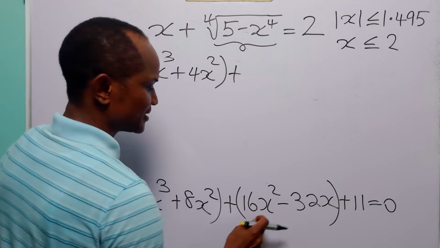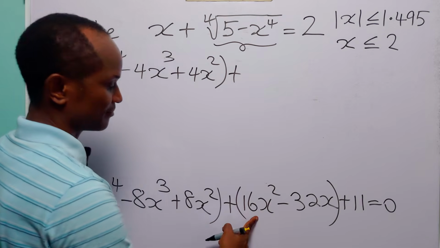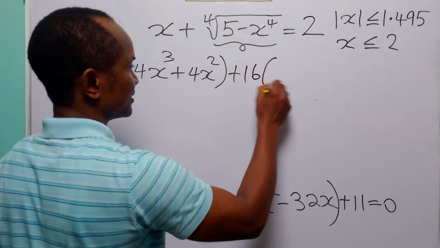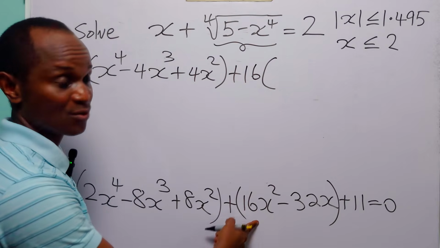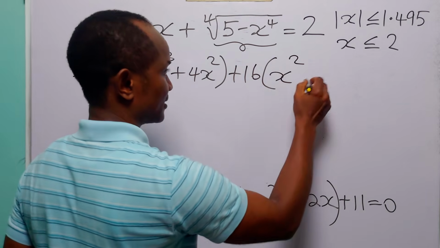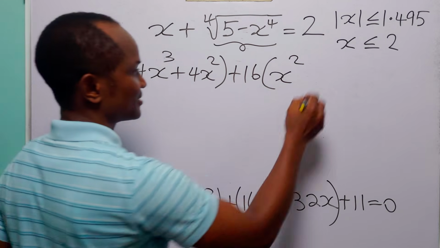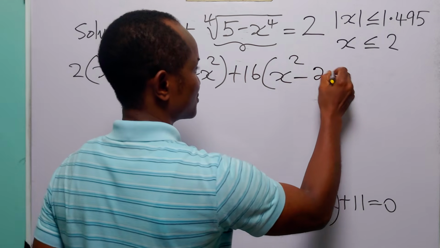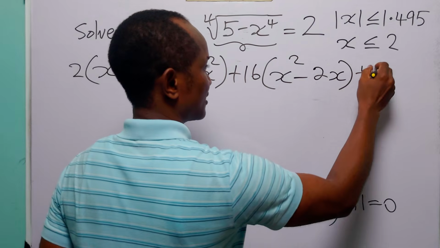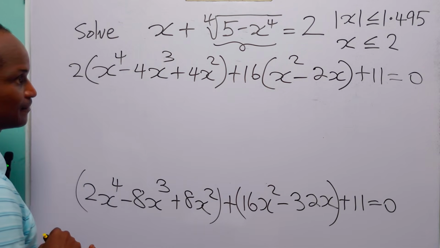Now, when you look at these two, you're going to see a common factor, which is 16. So we have 16 into 16x squared divided by 16 is going to give us x squared. And minus 32x divided by 16 is going to give us minus 2x. Then we still have plus 11, and this is still equal to 0.